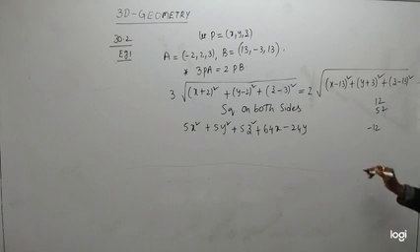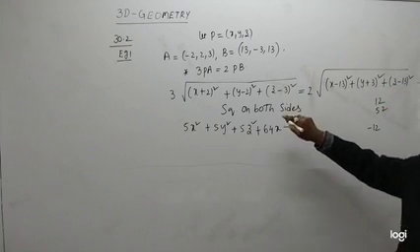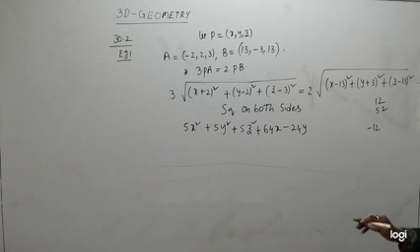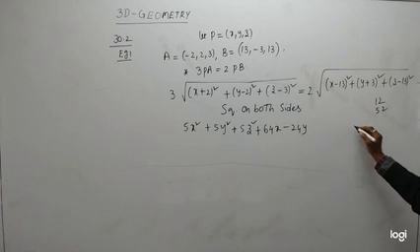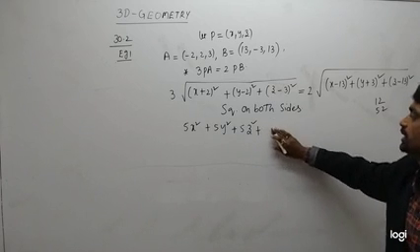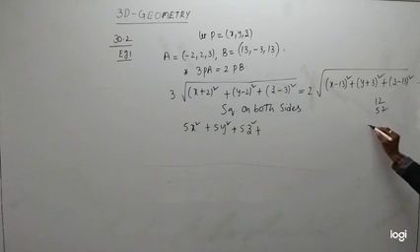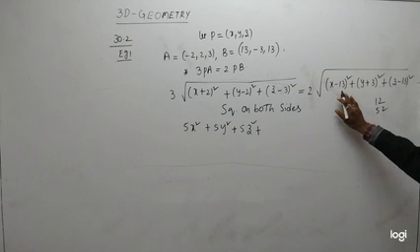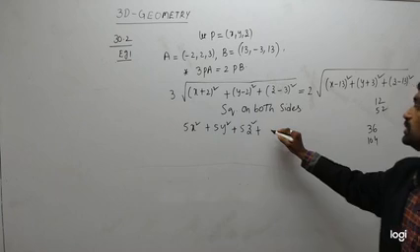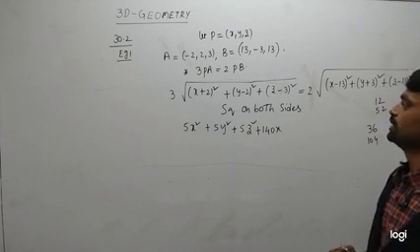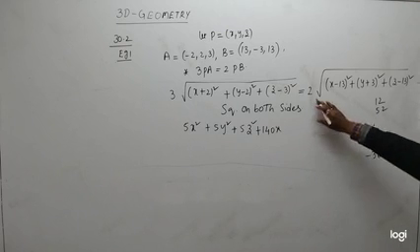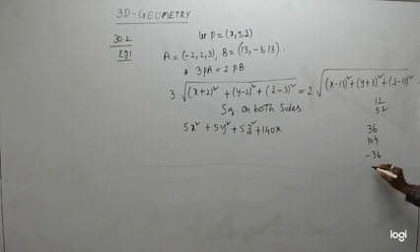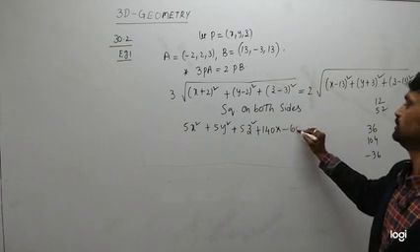Next, 9 into 4, I think I did wrong here, this is also wrong. I will do it once again. So 9 into 4 is 36, 4 into 26 is minus 104, so you get 140x. Next, 9 into minus 4 is minus 36, 4 into 6 is 24, minus 24, minus 60y.